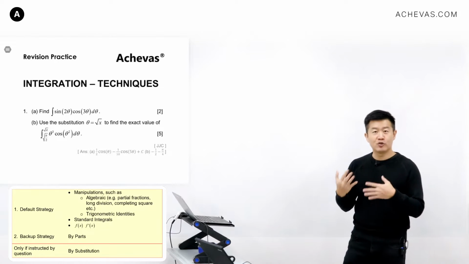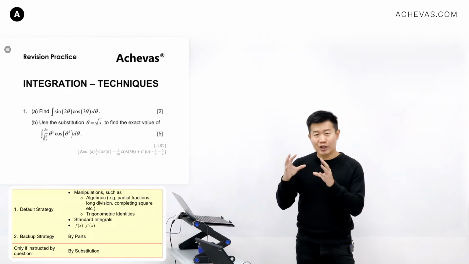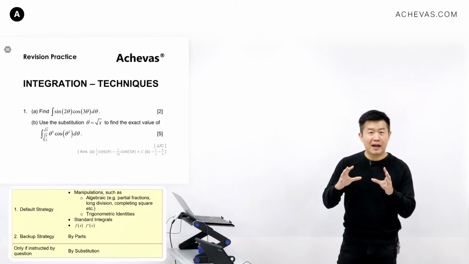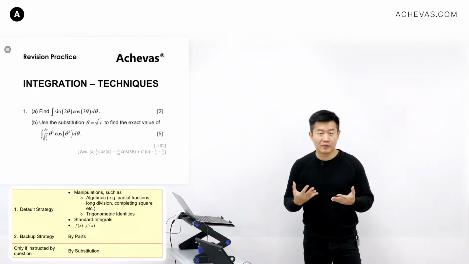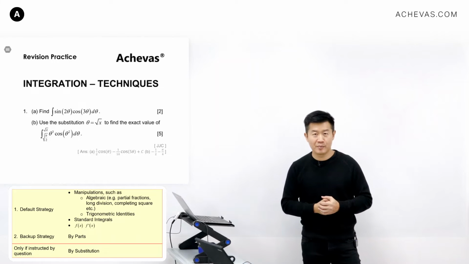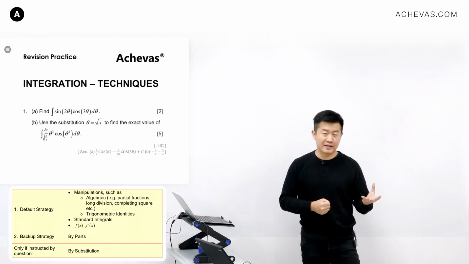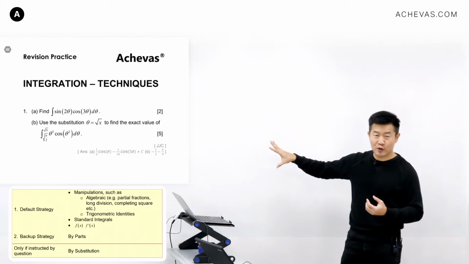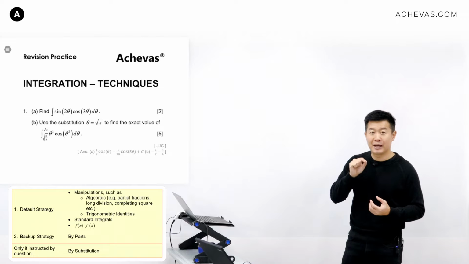I can also apply trigonometric identities so that I can get the condition right before I apply the standard formulas that we have learned or memorized, and also apply f(x), f'(x). And if this default strategy fails, then we are going to try to apply integration by parts.